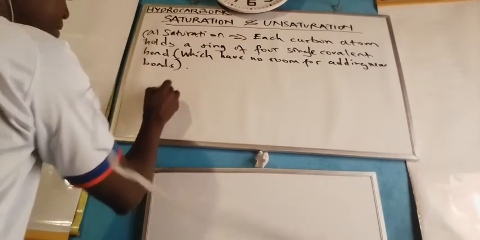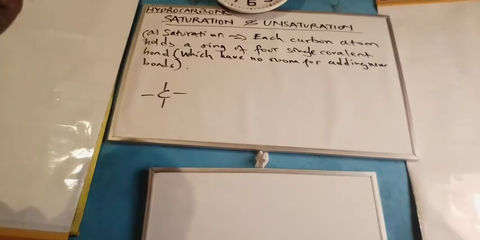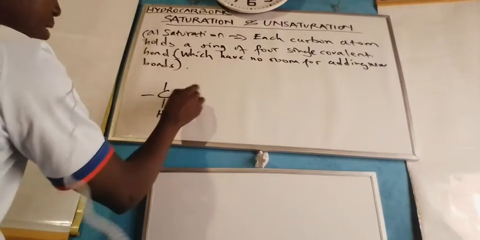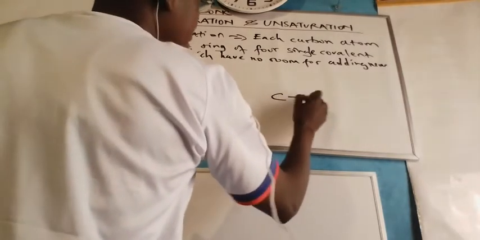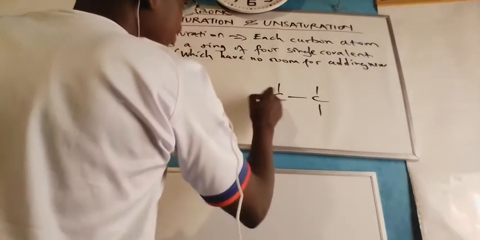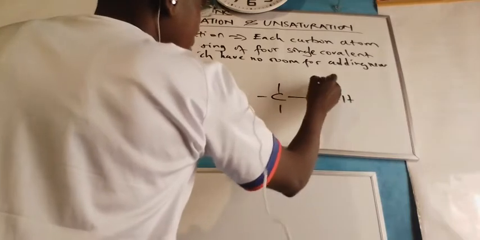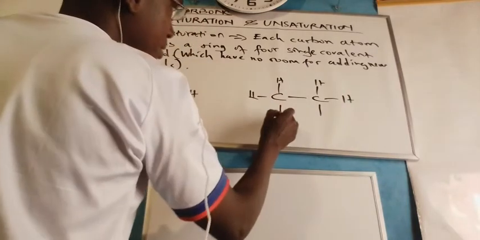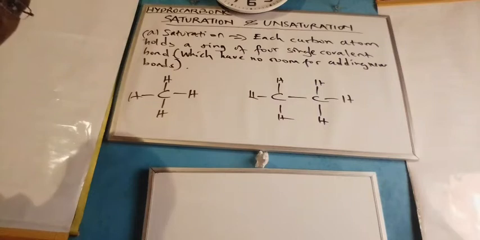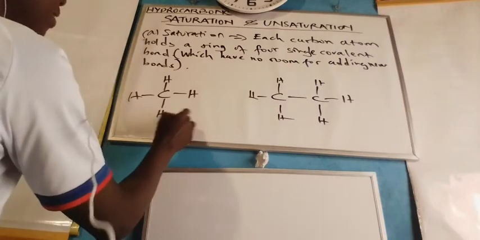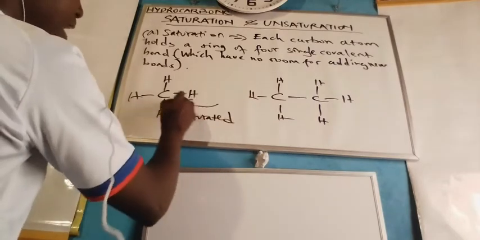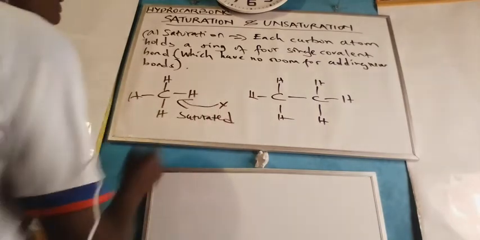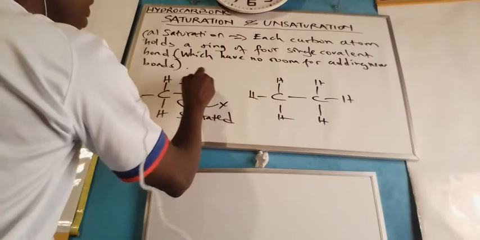Therefore, using the example of methane, which is 1 carbon with a ring of 4 single bonds, and ethane with 2 carbons and a ring of hydrogen bonds, then we could say that they are saturated simply because an attempt to bring an external species like X meets no room for addition.